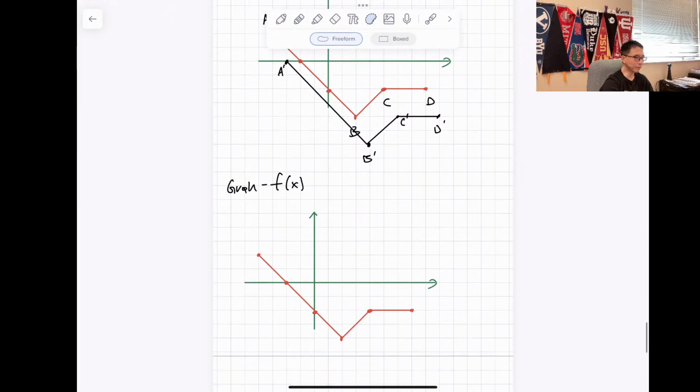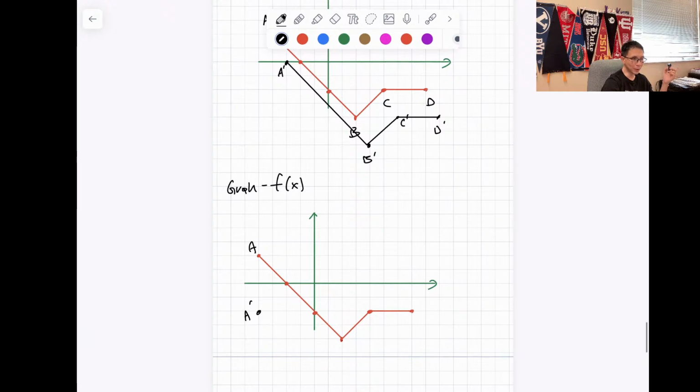Is that okay? So which point do I have to pay attention to? Well, this point, right? Because this one is not reflecting. Everything else is reflecting. So this one here is positive 2. You're going to multiply by negative 1, so it's going to be negative 2. So this is A, and this is A prime.